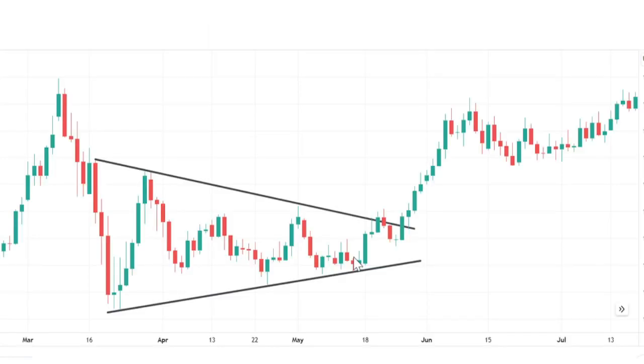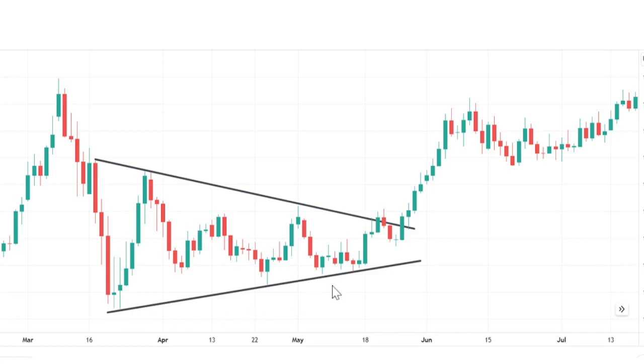So let's see an example. So here is an example on this chart of a symmetrical triangle. So we see that this length here is about equal length to this other side, right? And we're saying that the target price is this distance from the height of this triangle here to this trough.